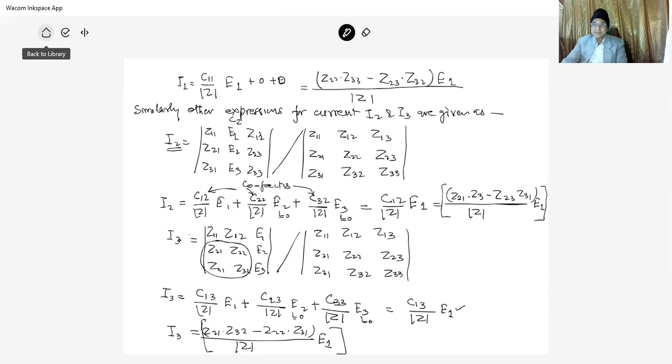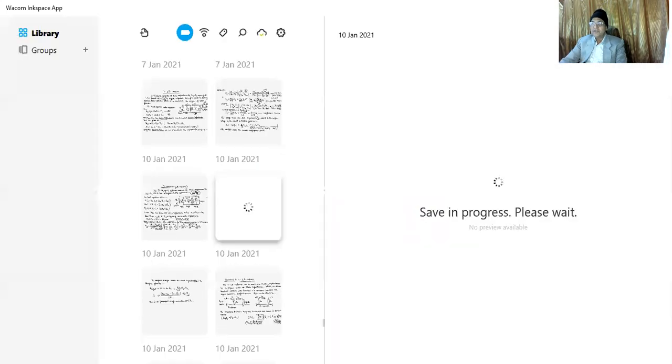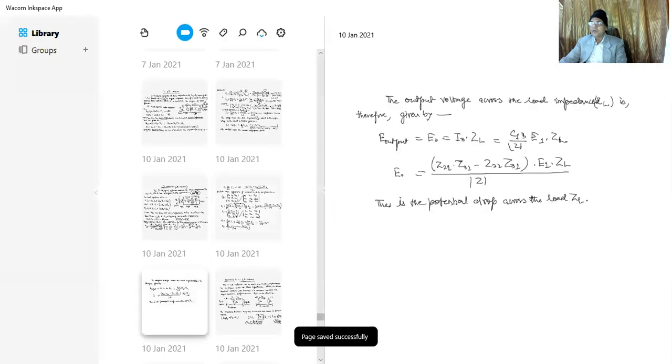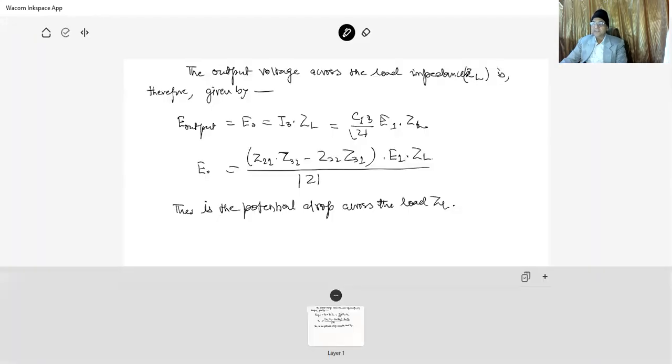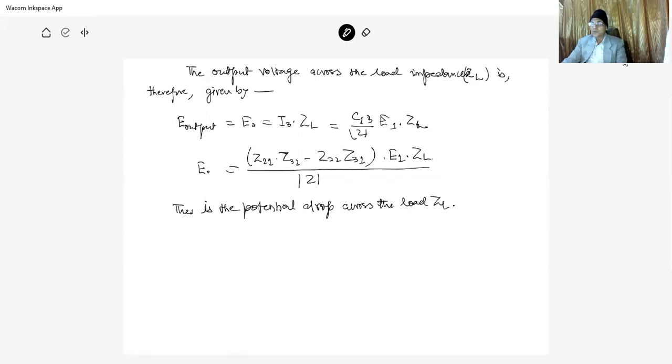On the basis of the expression of I3, we can find out the output value of the given pi network. The output voltage is nothing but the potential drop across the load ZL.